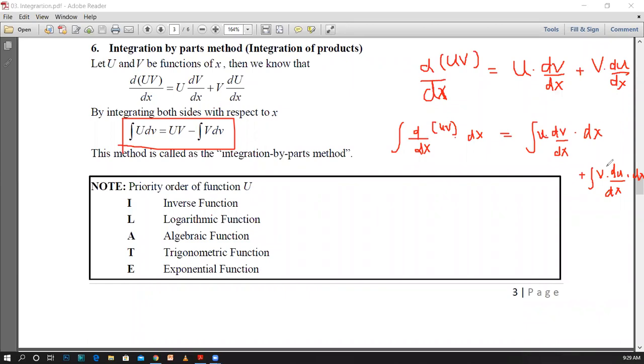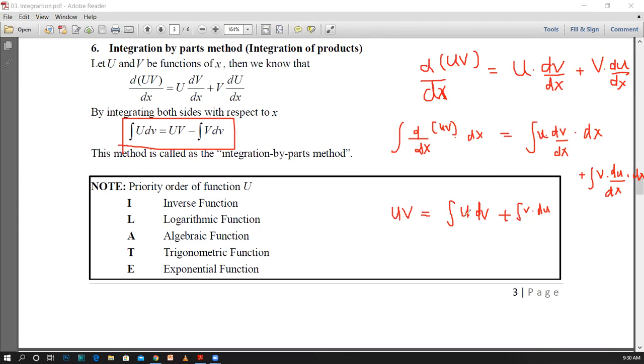Therefore, if you perform this integral appropriately, you will get uv on the left hand side. Here you will get the integral of u times dv, plus the integral of v times du. Even though we get the function in this form, for calculations you cannot apply the same form, so we need to convert it into an appropriate form.